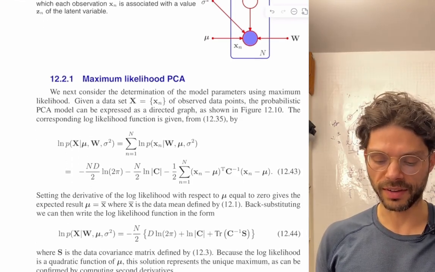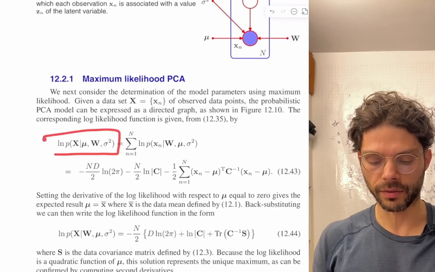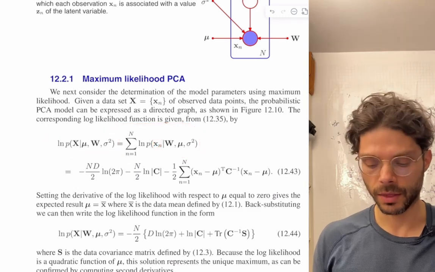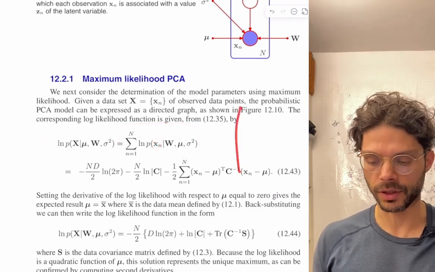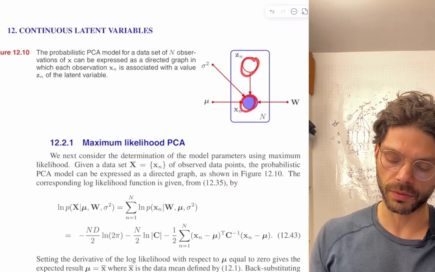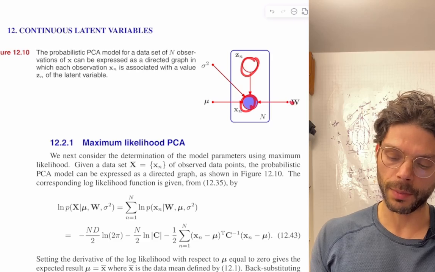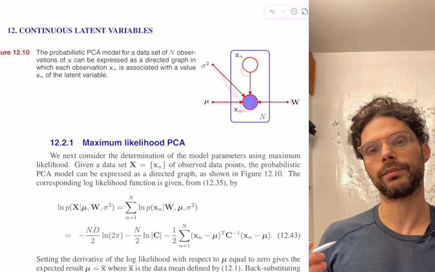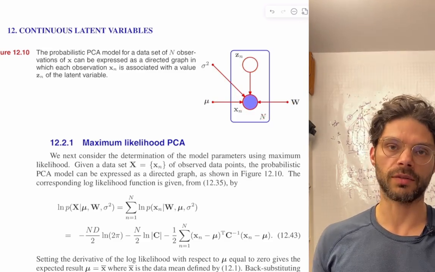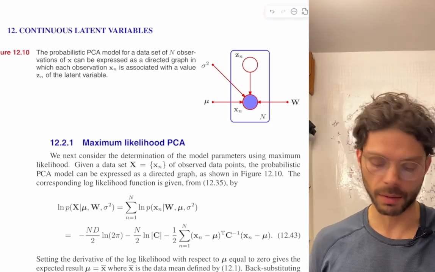As I just said, the log likelihood becomes the sum of contributions from each of the terms. That's what this graph says: you have these latents, you have these observations, and you have parameters that determine those observations, and there are n such observations.